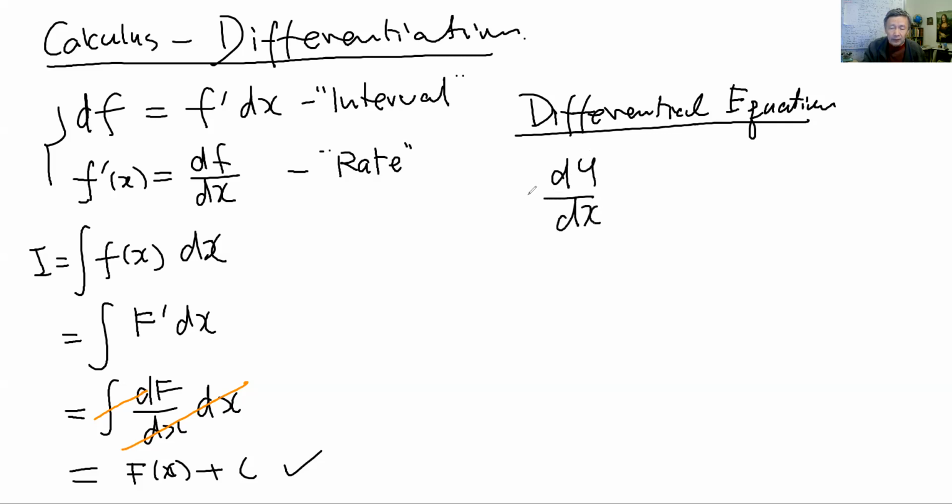For example, this could be another x here, plus, just to make it simpler, the abstract form, y equal to 0. This is the equation. Any equation which involves the first derivative is called a differential equation. You got it?